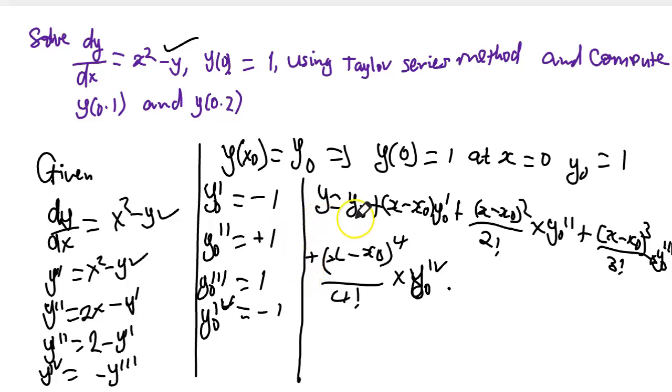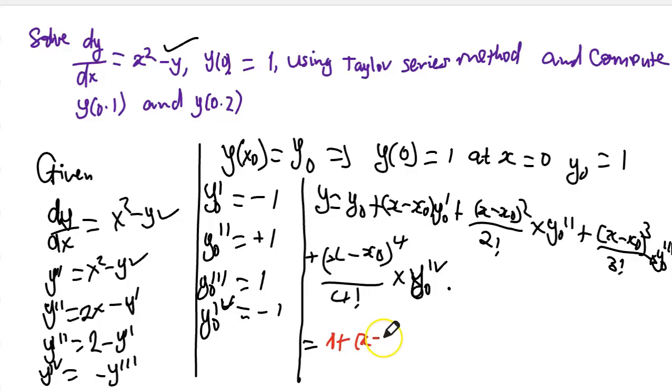So we have y naught. Our y naught is 1. Plus we have x minus x naught.